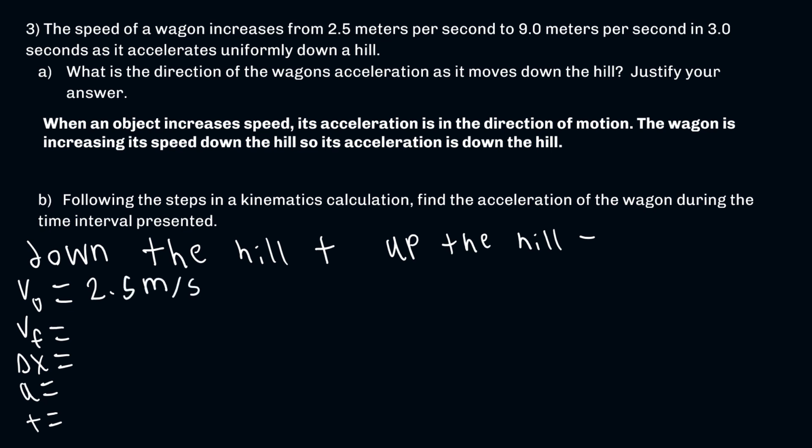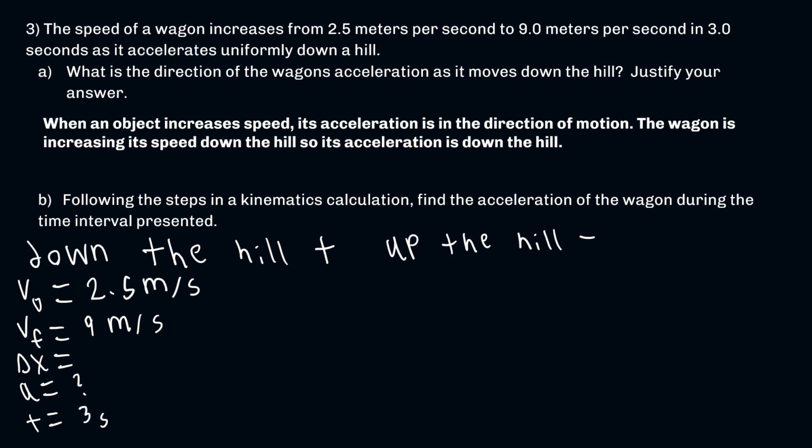Then it goes to 9 meters per second, so that's my final velocity. Don't need to write out 9.0. My displacement, it doesn't give me, so we're going to wait on that. My acceleration is what I'm trying to find, so that is my question mark. And my time is 3 seconds.